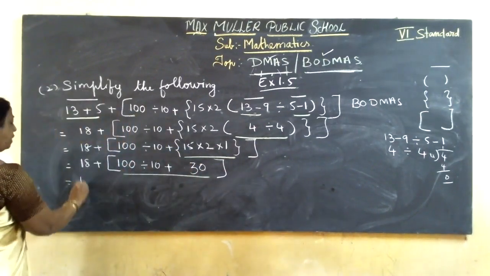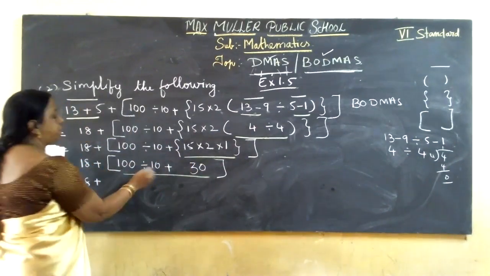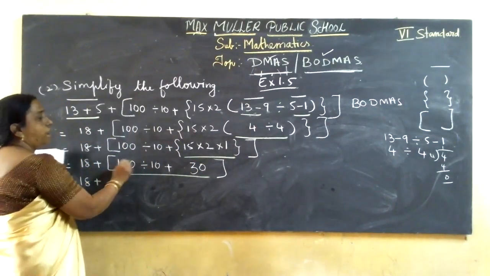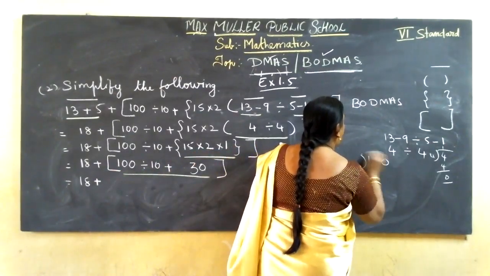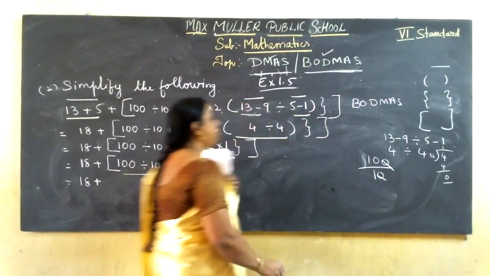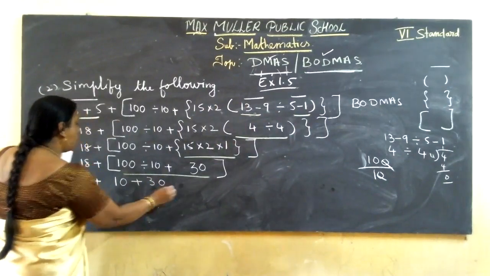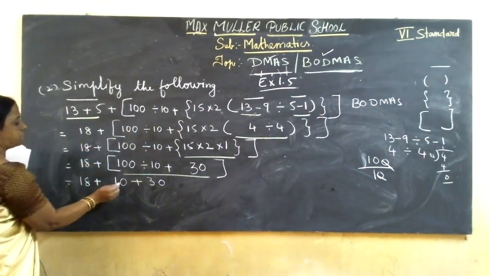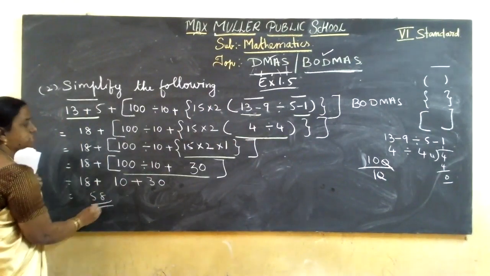So here 18 plus 100 divided by 10 plus 30. Division and multiplication, addition is there. First divide. 100 divided by 10 gives what? Short method, cancel the zeros, 10. So 10 plus 30, add all this, you will get 40. 40 plus 18 is 58. What is the answer? 58.